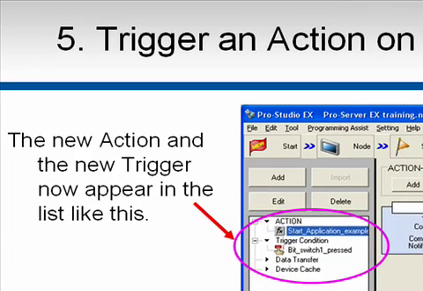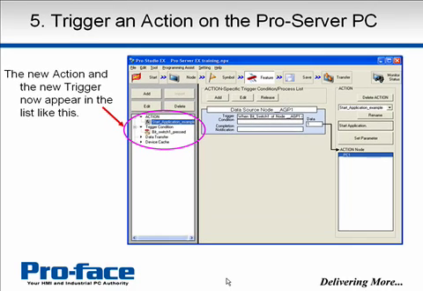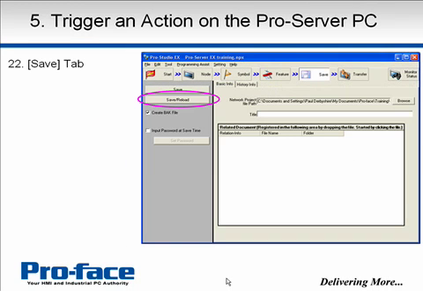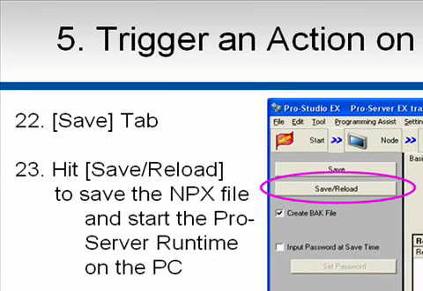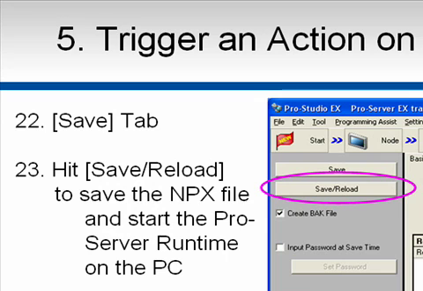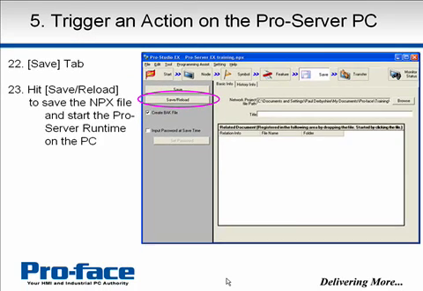Back in the action list, you see the start application example there and the trigger condition bit switch 1 pressed appearing in the list. We now have to save the program and hit save reload in order to both save the MPX project and start the Pro Server runtime on the PC, at which time you'll see a little icon appear in the taskbar in the bottom right showing that the runtime side of Pro Server is now running.